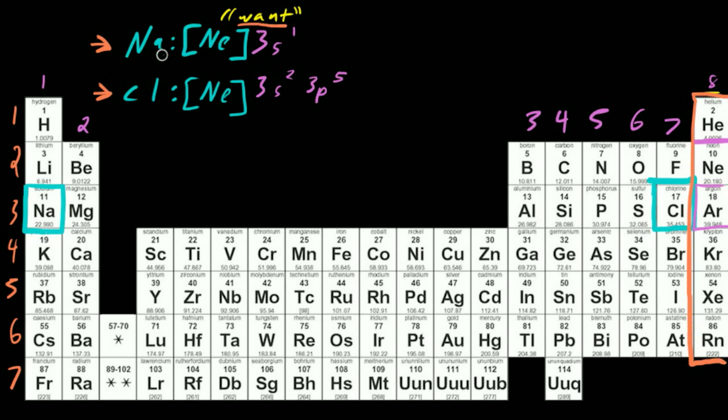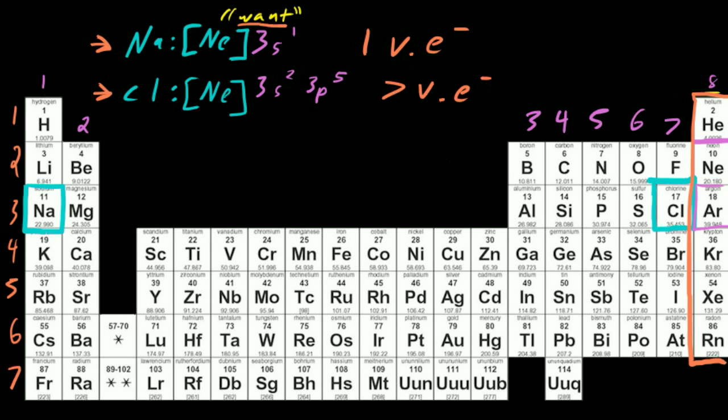What is the easiest way for each of these to essentially get that configuration? Keep in mind, sodium has 1 valence electron, and chlorine has 7 valence electrons. So what's the easiest way?